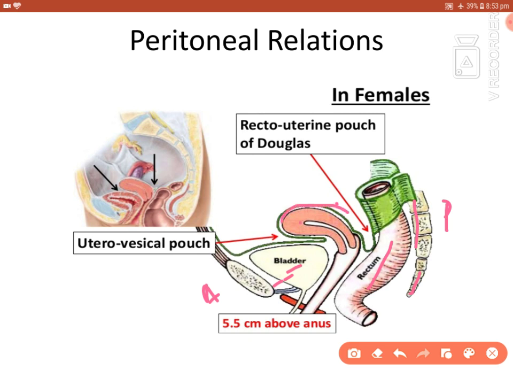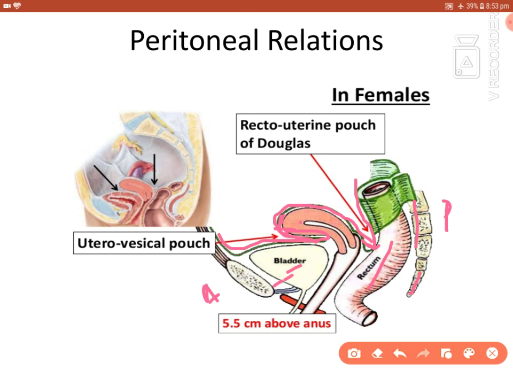This is the posterior surface, and this is the anterior surface of the uterus. In addition, you can see the peritoneal fold from the upper and middle third of the rectum, towards the upper part of the vagina, forming the rectovaginal fold, towards the posterior surface of the uterus, towards the anterior surface of the body of the uterus, then towards the superior surface of the bladder, and then to the pelvic wall.